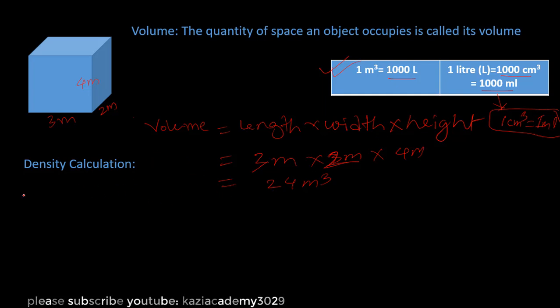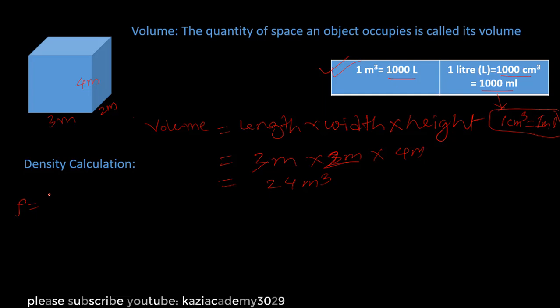Then another thing is density calculations. Density is the amount of substance per unit volume. Density is denoted by the Greek letter rho.